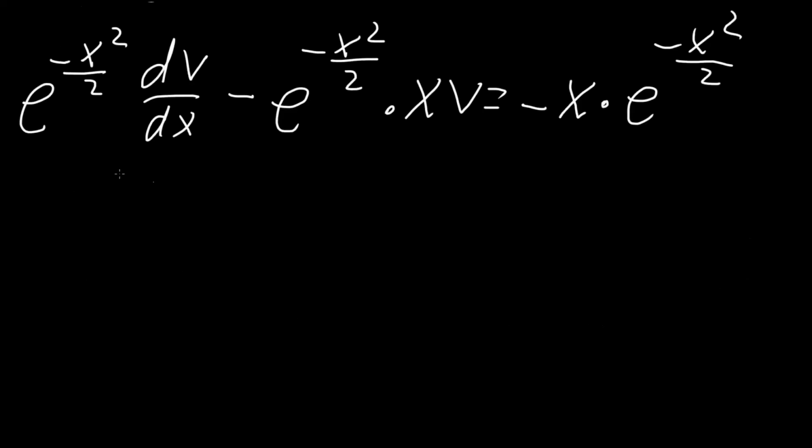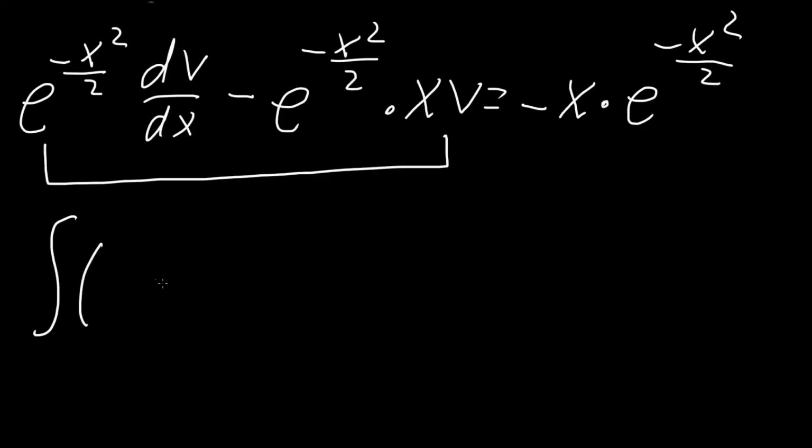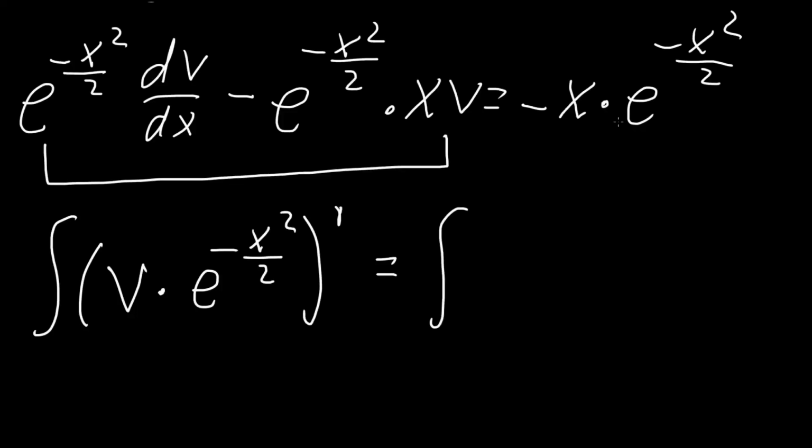And so the next thing is we focus on this, and we do what we normally do. We say the integral of this, parentheses, it's going to be v times e raised to negative x squared divided by 2, and the prime is on the outside, is equal to the integral of this term right here, so negative x times e raised to negative x squared divided by 2.